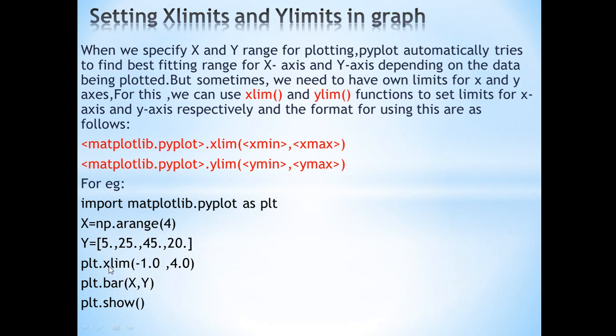And when you specify the xlim function with minus 1.0 as the lower limit and 4.0 as the maximum value for the x limit, then the minimum value on the x-axis will be minus 1.0 and the maximum will be 4.0, and the rest of the values will come in between.